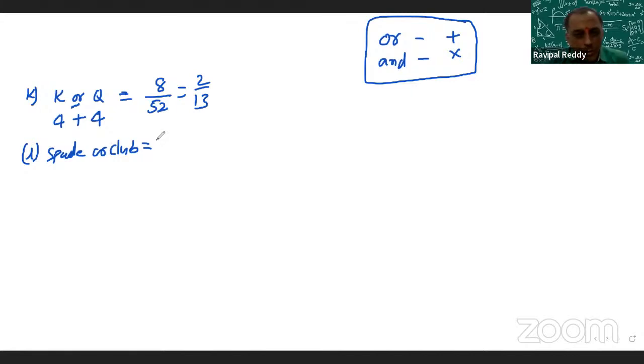Is it 2 by 13? No. How many spade cards are there? 13. How many club cards are there? 13. 13 plus 13 is 26. 26 by 52 is equal to 1 by 2. Very good, Humaira Begum. Very good, Afrin. Your answer is right.